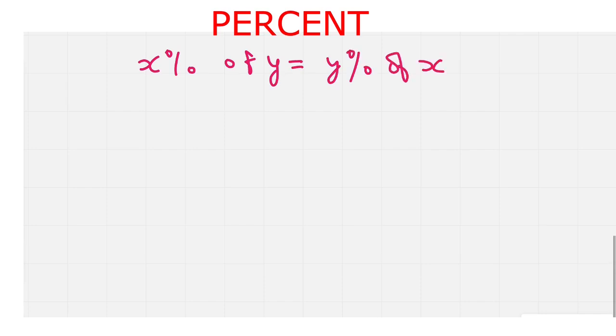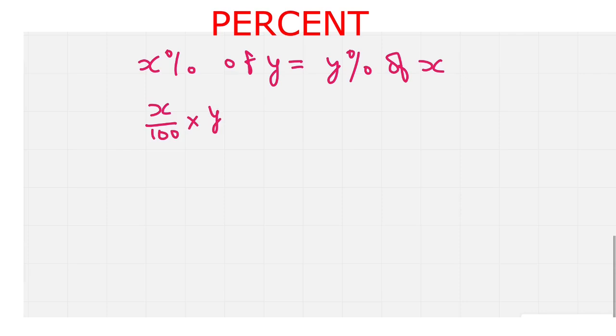One important concept for percent: x% of y is the same as y% of x. We can simply prove this. X% of y is x upon 100 multiplied by y.